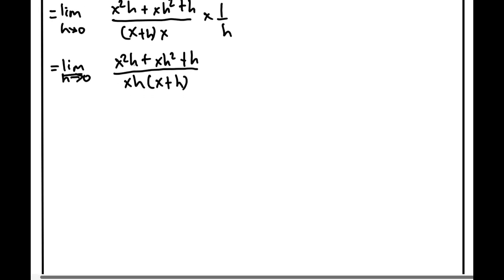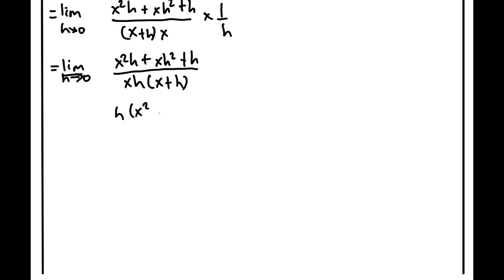Now, to cancel h in the denominator, we have to make sure we factorize the top part, the numerator. So if we factorize the numerator, it will be h, open brackets, x squared plus, here we're left with xh, and at the end here, simply 1. And then we'll have x, x plus h.